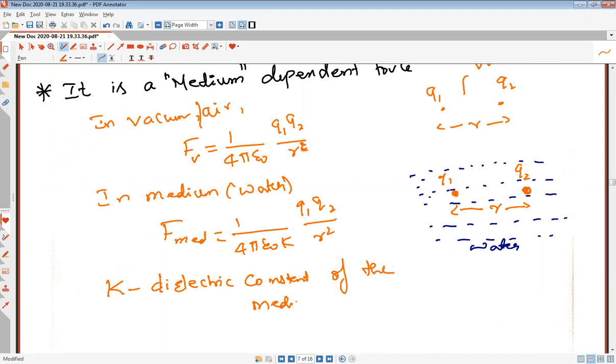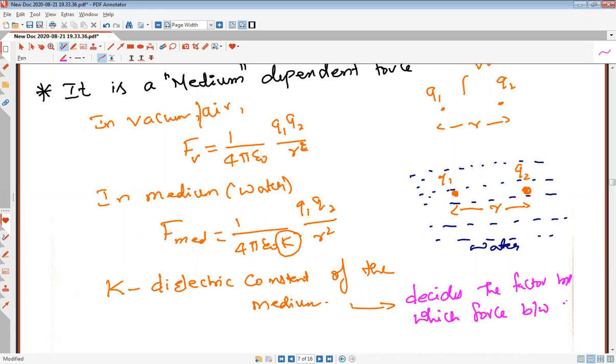At this point of time, just remember that the dielectric constant of the medium decides the factor by which the force between two charges changes.